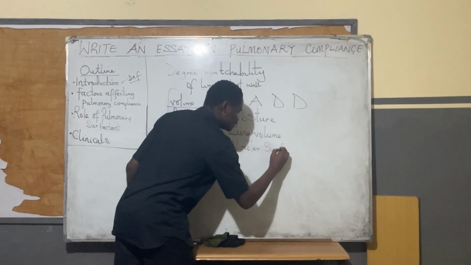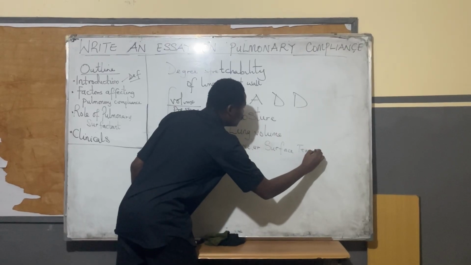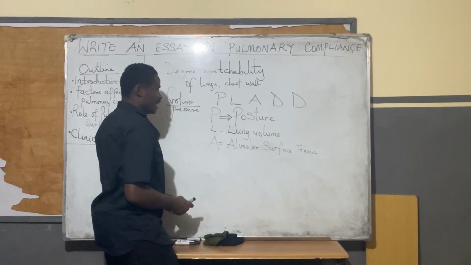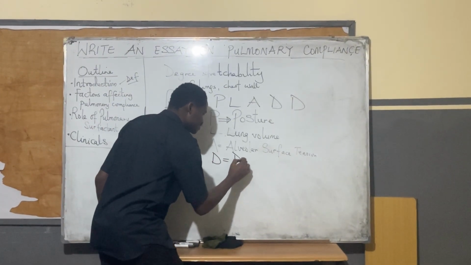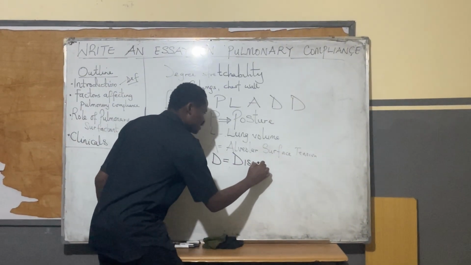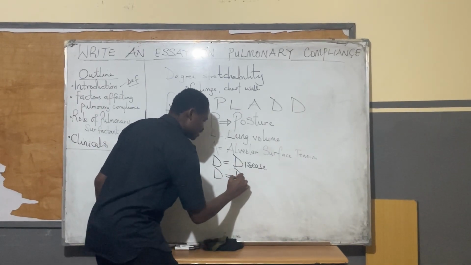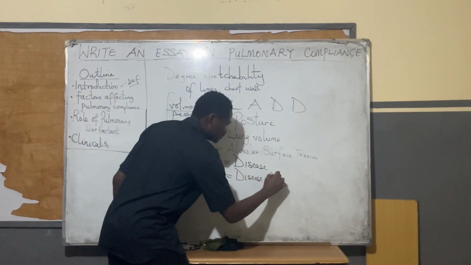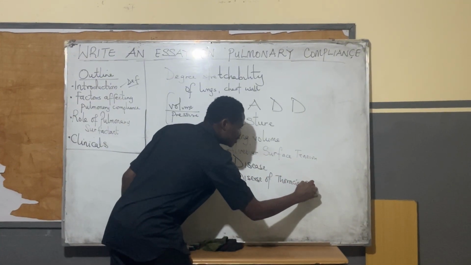While D should stand for diseases, and the other D should be for diseases of the thoracic cavity. So diseases in particular, and then the other D should stand for disease of the thoracic cavity. All right, now let's explain each of them.